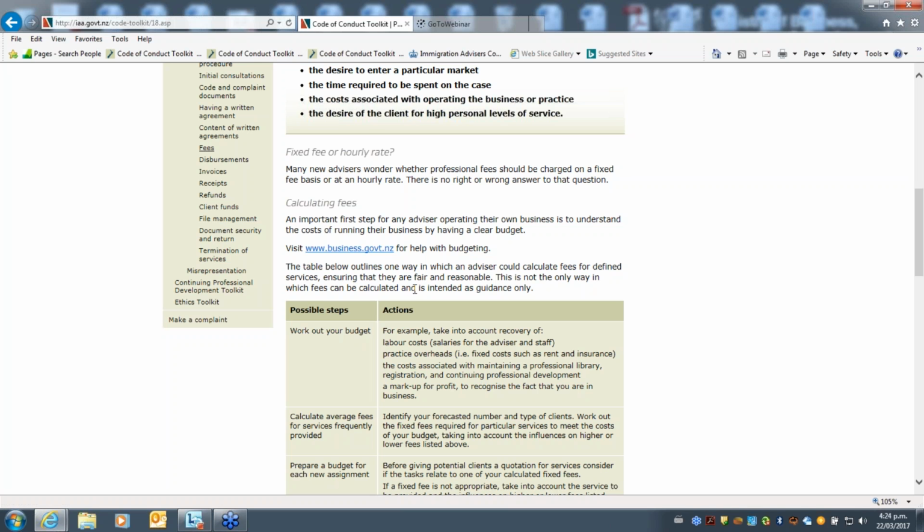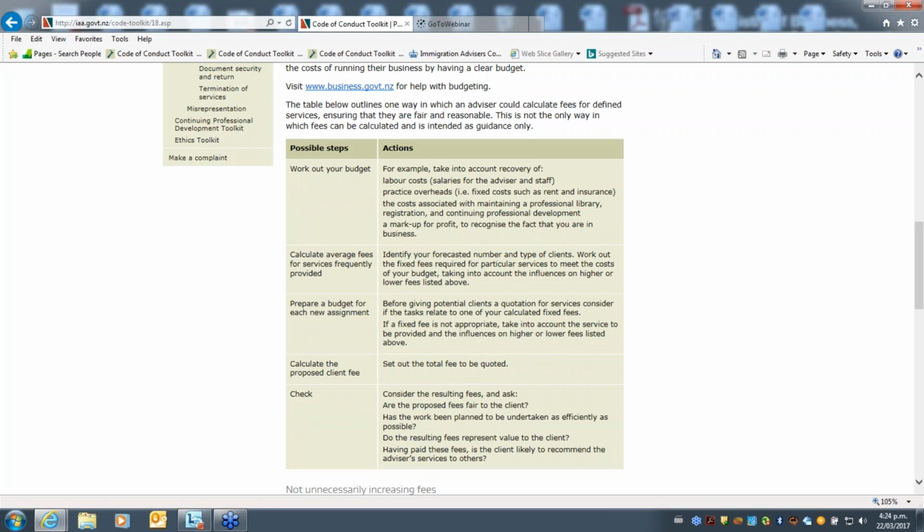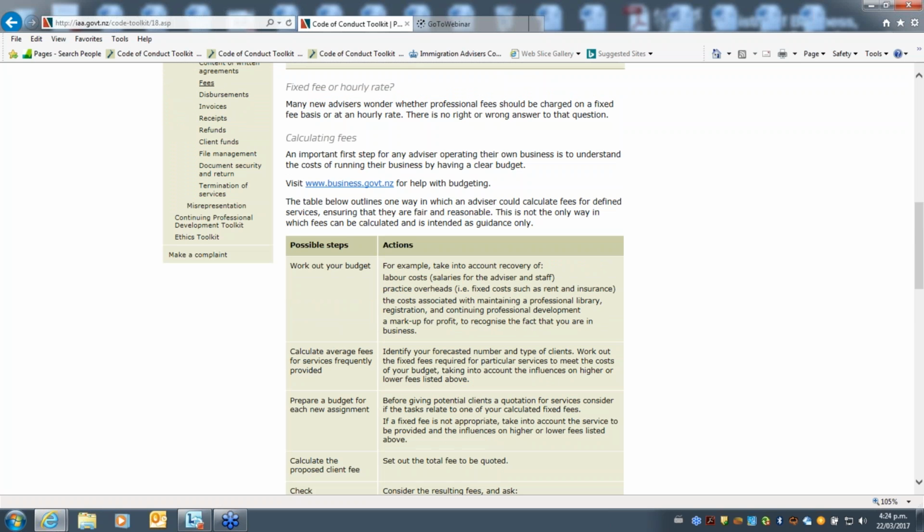And these tips here are probably quite high level and basic in terms of working out a budget, identifying the kinds of costs that you have to cover in your business, so your labour costs, your overheads, rent, insurance, all of that kind of thing. You need to work out all of these things, and I really would suggest that if you're new or if you feel like you're not doing this particularly well or could do with some help, to go to business.govt.nz and have a go at using their calculator.